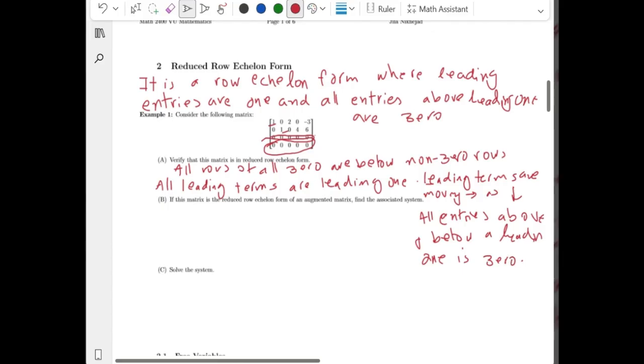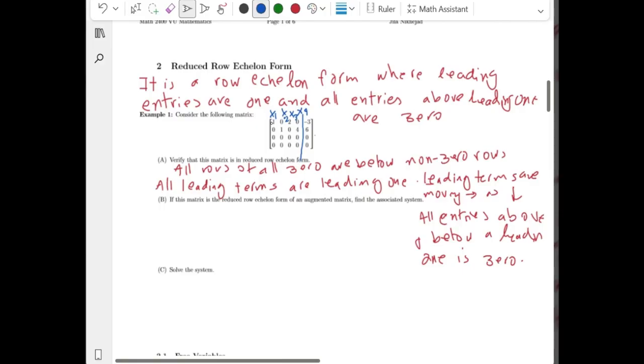So if this matrix is a reduced row echelon form of an augmented matrix, find the associated system. This is how we do it. Basically, if it's augmented, we draw the line and then assign a variable to each column: x1, x2, x3 and x4.